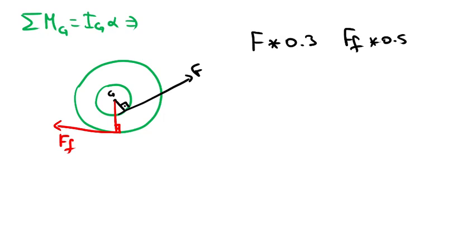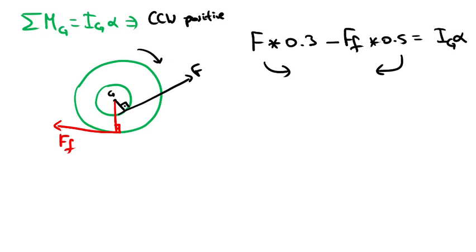This one rotates this way, and that one rotates this way. Counterclockwise will be positive. That means this is positive and the other one is negative, and we have then I_G into alpha, and alpha this way is clockwise, and that's negative.